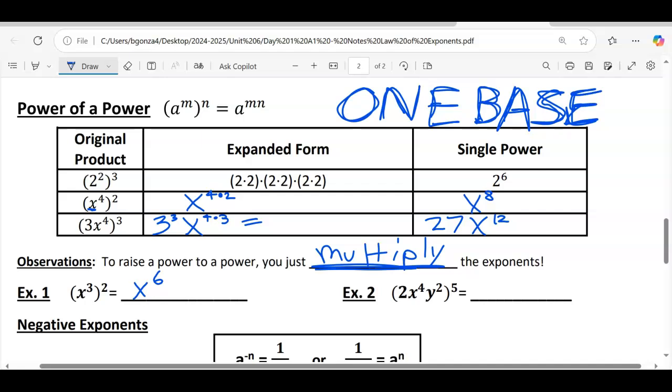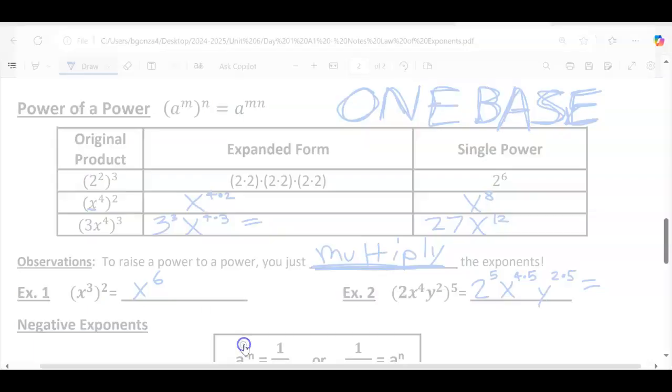Okay. Now here, on example 2, once again, this 5th power has to apply to this coefficient too. So it's 2 to the 5th, and then we have 4 times 5 and 2 times 5. Now, 2 to the power 5, or 2 to the 5th power, is not 10 at all.